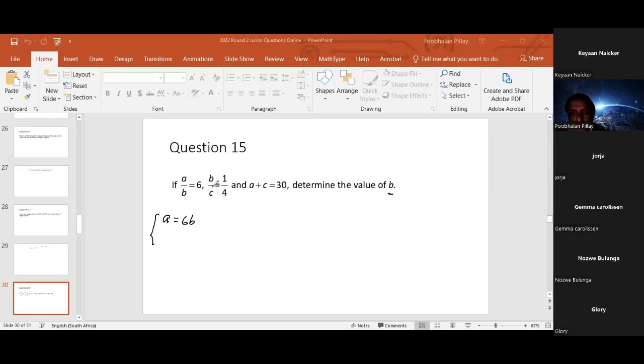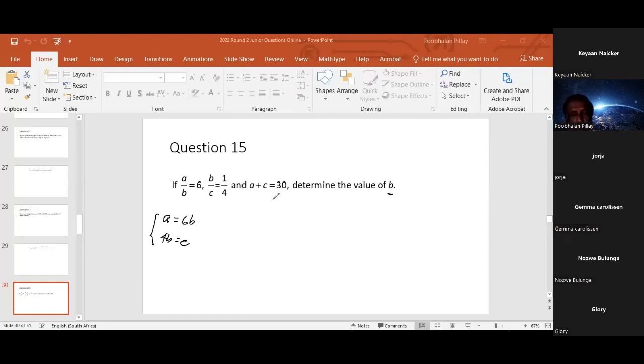So when you multiply by C here, you get 4B. But if you like, you can cross multiply. 4 times B is equal to 1 times C. Right? Same thing. So now you've got 2 equations which are looking very much more decent.